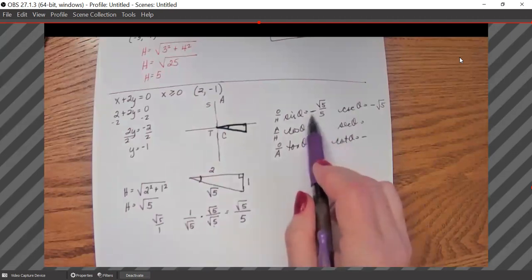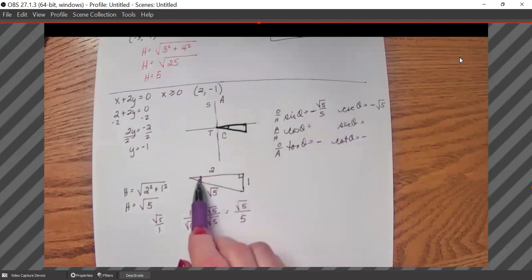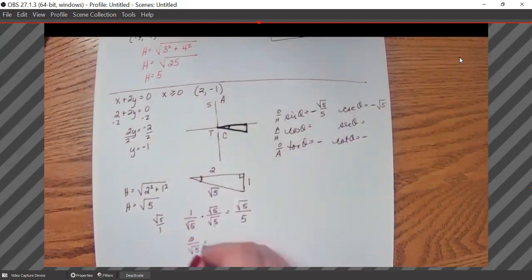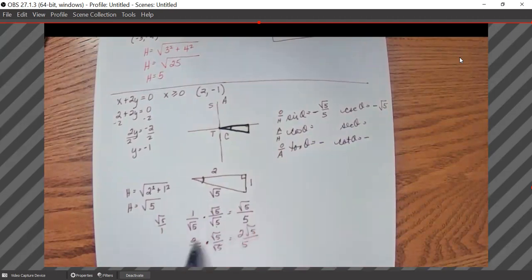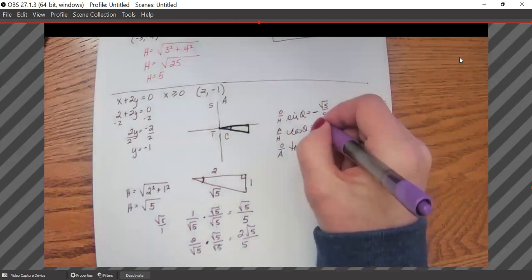Now I already have my negative signs in. Cosine, adjacent over hypotenuse, 2 over the square root of 5. Well, again, we want to rationalize the denominator, multiplying by square root of 5. So that's going to be 2 square root of 5 over 5.